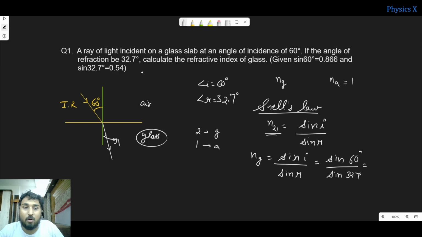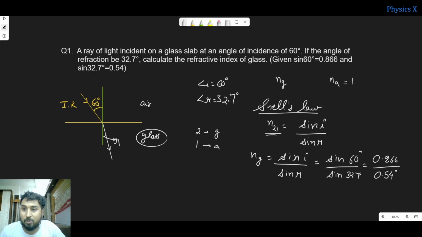What is the value of sine 60 degrees? It is given as 0.866, right? And the value of sine 32.7 degrees is 0.54. If you calculate this, let me solve it quickly on the calculator.